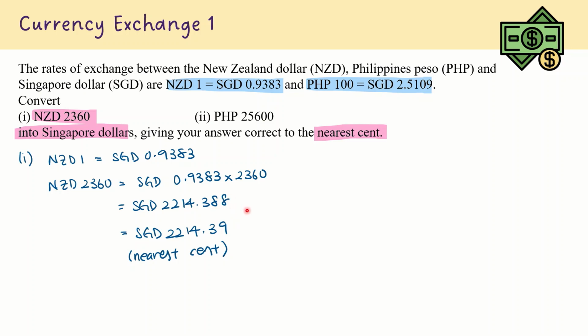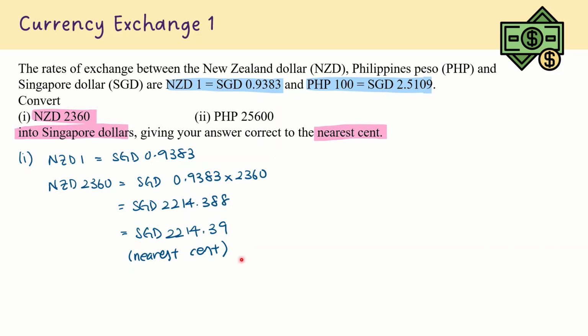We need not write down all the digits that we see in the calculator. Why do I say 3 decimal places? Because very often when it comes to currency, it is usually left to 2 decimal places because that's the nearest 1 cent denomination. So we usually need one more decimal place in order to help us do our rounding off in the next step.